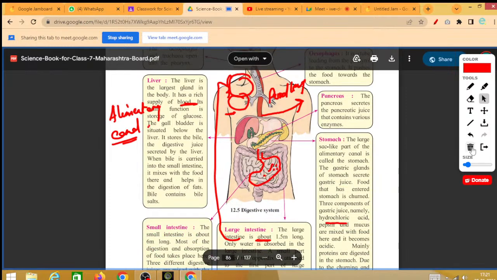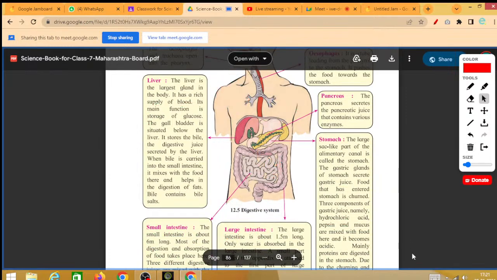Then it is mixed with the food and it becomes acidic. Okay, can you explain it a little in Hindi to him? Try explaining it in Hindi to Asad. Yes, quickly. We have to finish this.